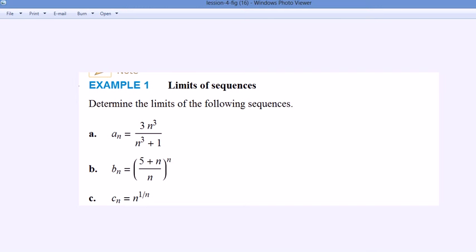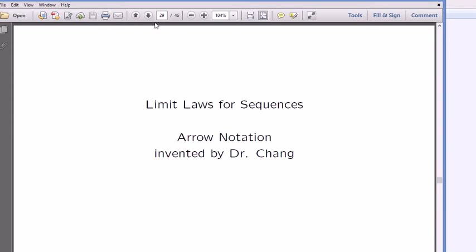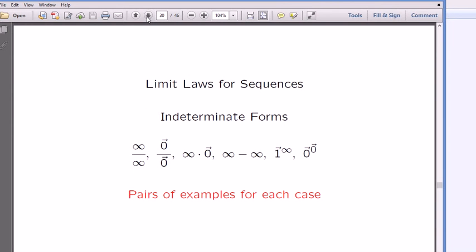Before we enter that, I need to introduce this important thing called indeterminate form. These first two are quotients, and both of them are excluded by the limit laws. The limit laws do not apply here. The third one is a product, and one of them is approaching infinity.